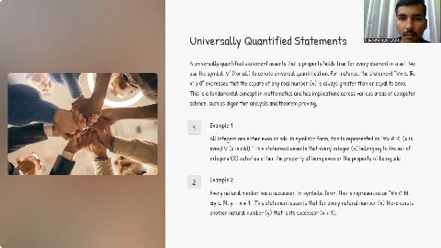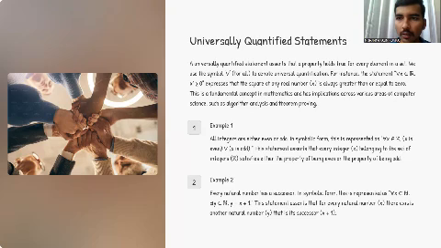Universally quantified statement. A universally quantified statement asserts that a property holds true for every element in a set. We use the symbol for all to denote universal quantification.